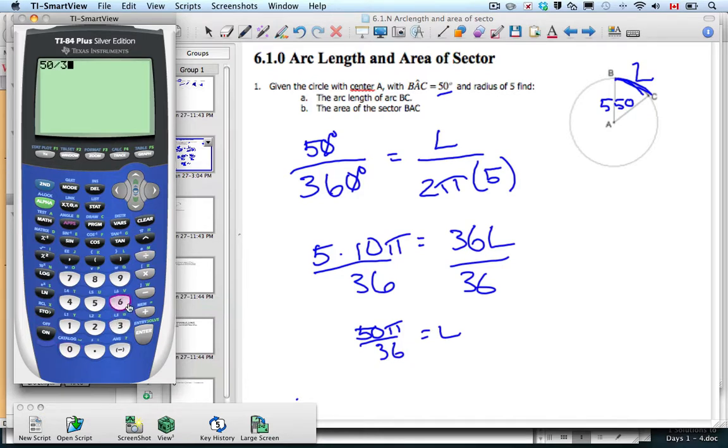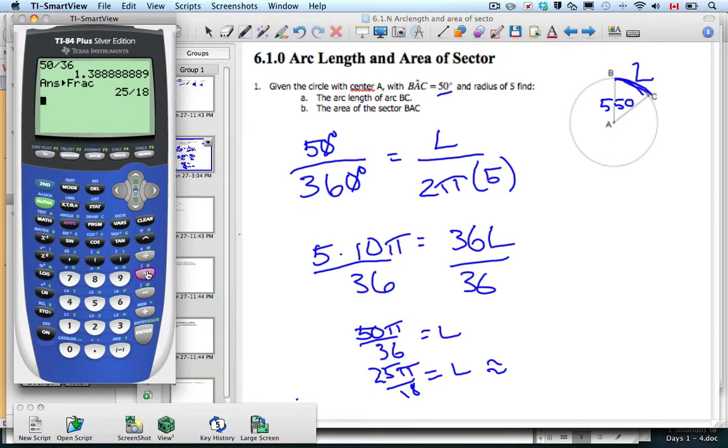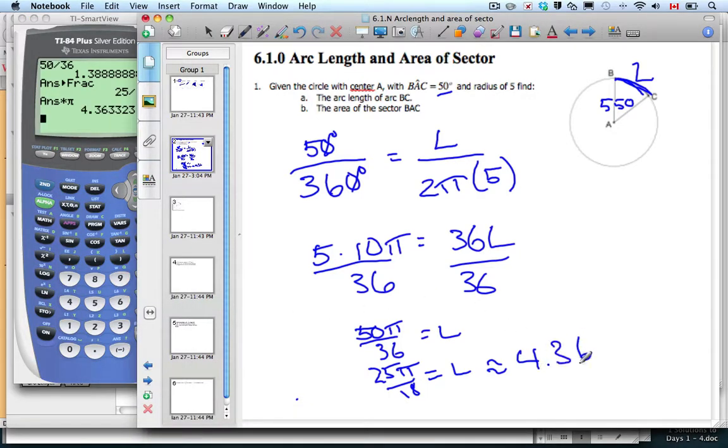If I make 50 over 36 into a fraction in reduced terms, I get 25 over 18, so 25 pi over 18 is L, which is approximately, to 3 significant figures, 4.36. We don't have any units, so let's say it's centimeters, so this would be 4.36 centimeters. Okay, there's the idea.